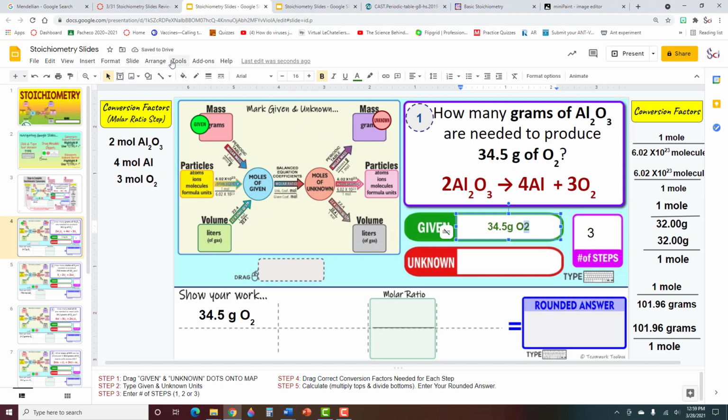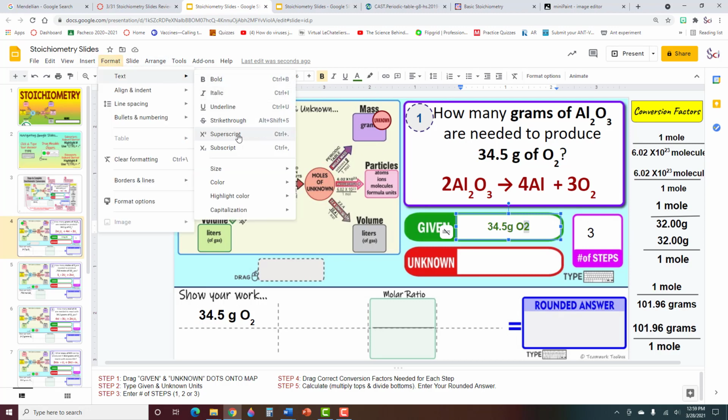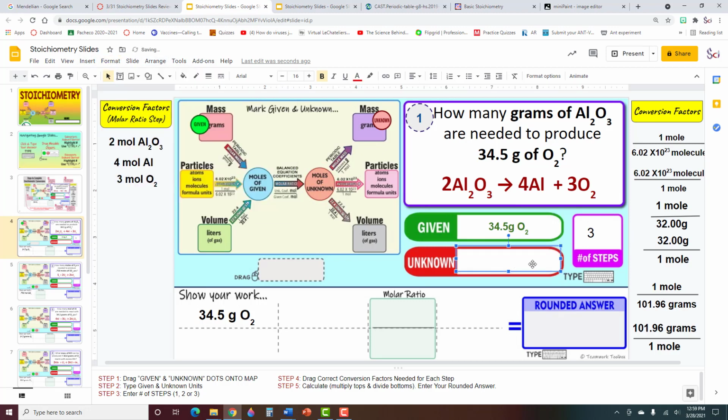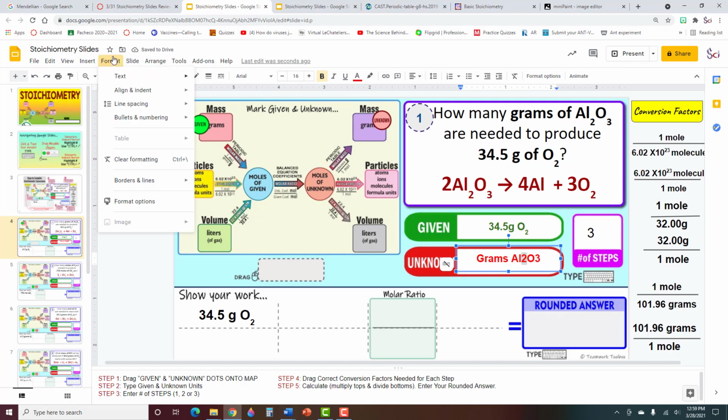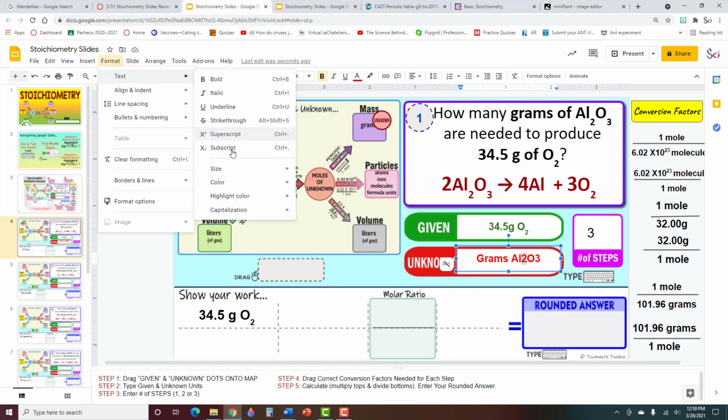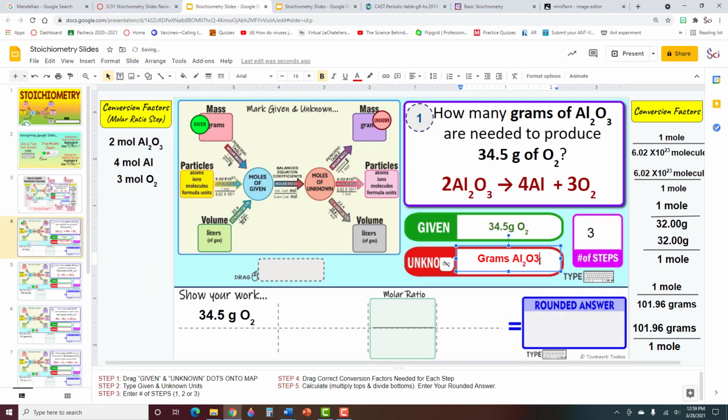I just go to format, text, subscript. And then unknown is the thing that they asked you for. So they asked me for how many grams of Al2O3. So my unknown is grams Al2O3. And again, you go to format, text, and then subscript for that. Same thing here.